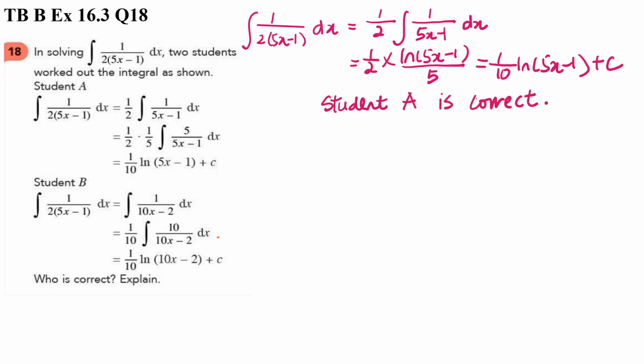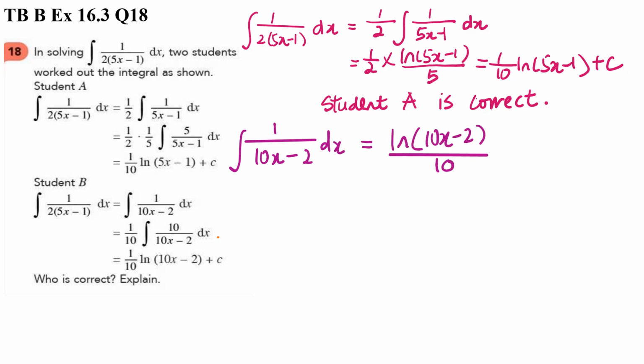Student A is correct. But if you look at student B, right, so what student B has done is he actually expanded this to get 10x minus 2. And then he applied the rule, which is ln bracket 10x minus 2 divided by 10.